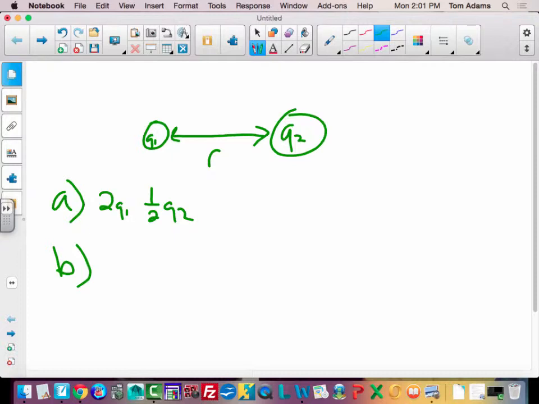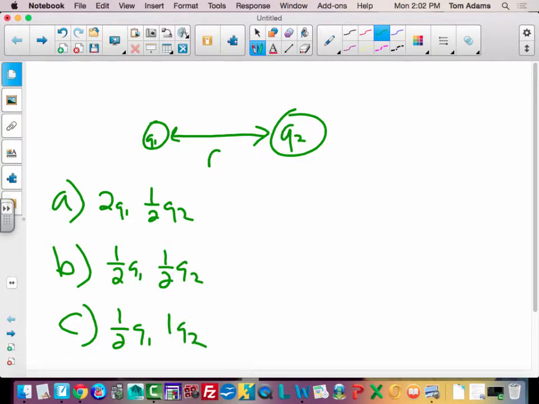If both of them were halved, so it'd be 1/2 times Q1 and 1/2 times Q2. And then part C says, what would be their force if one was halved and the other was left alone? So that would be like 1/2 Q1 and 1 Q2.